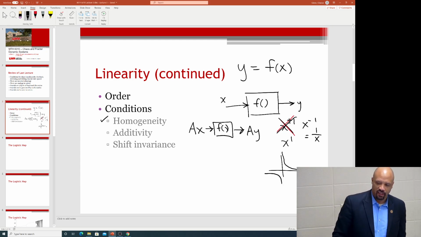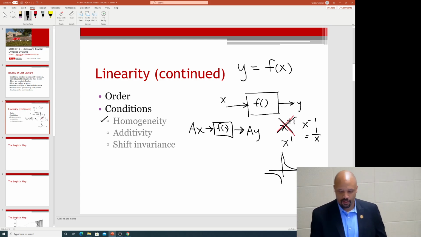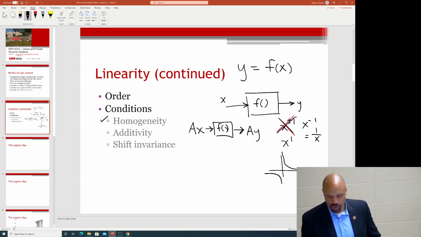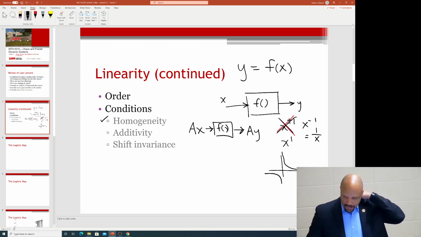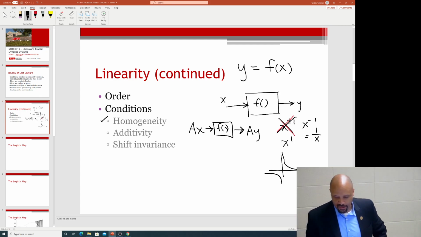That means it's a homogeneous system, and whatever that is, the output should have the constant multiplied by it. It may be complicated, but still that constant carries through. Okay?